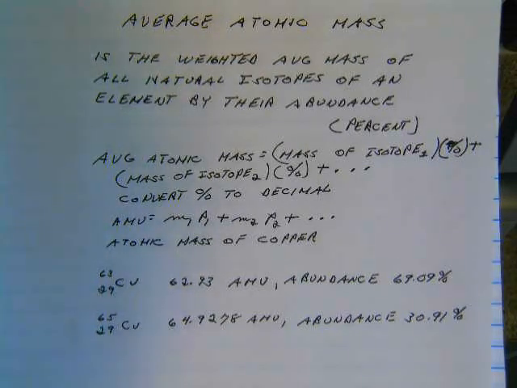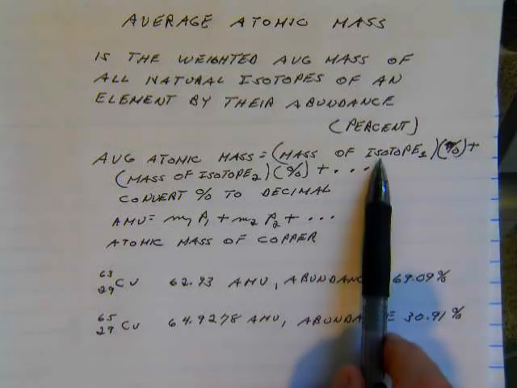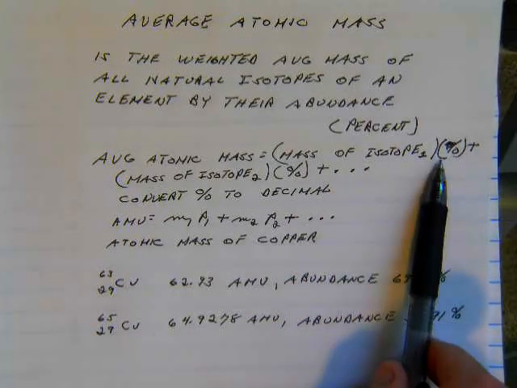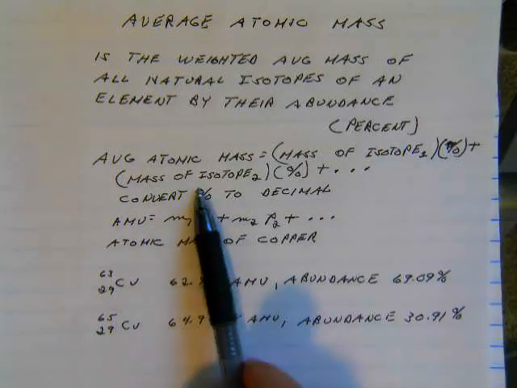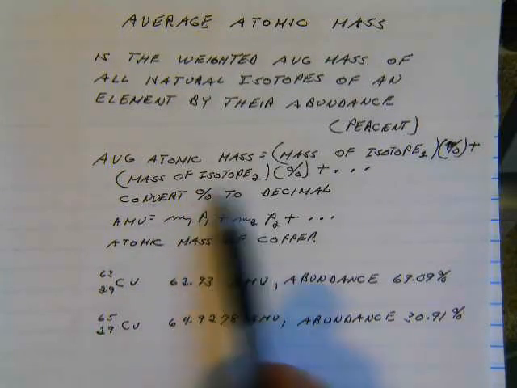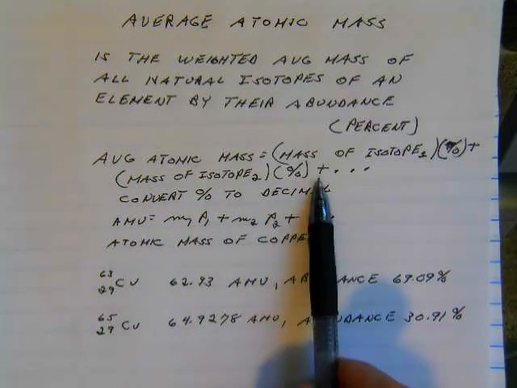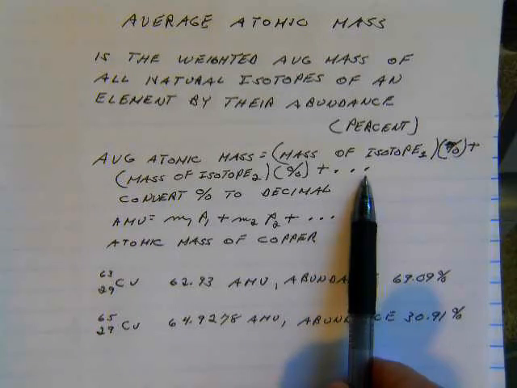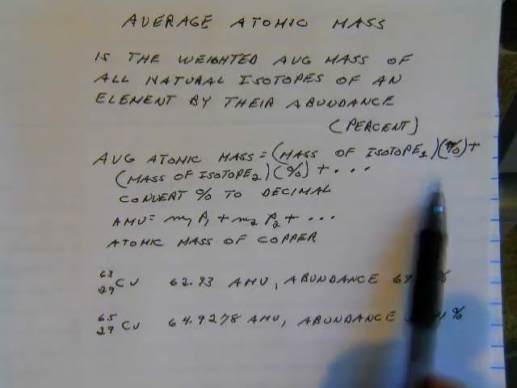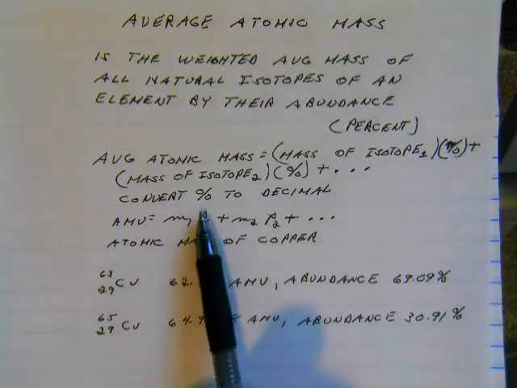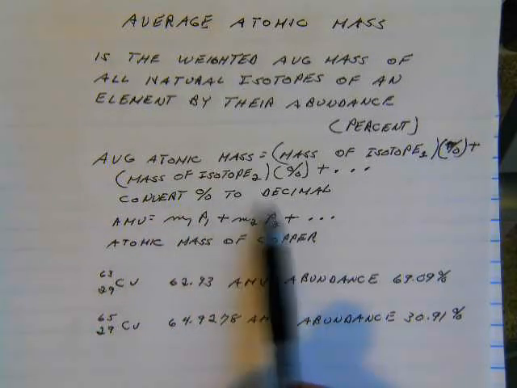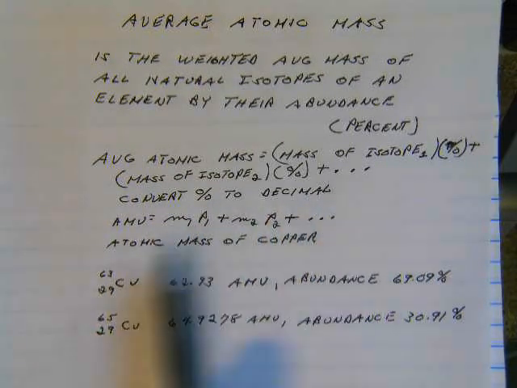So if you want to think of it in mathematical terms, the average atomic mass is the mass of the first isotope times the percent, plus the mass of the second isotope times its percent, plus the third isotope, fourth isotope, and so forth. When you're doing these problems, make sure you convert percent to the decimal form.